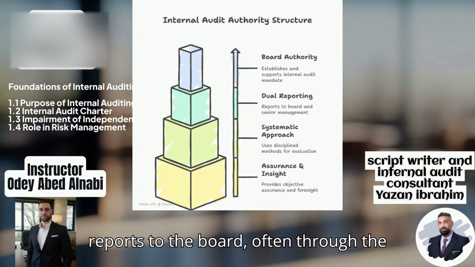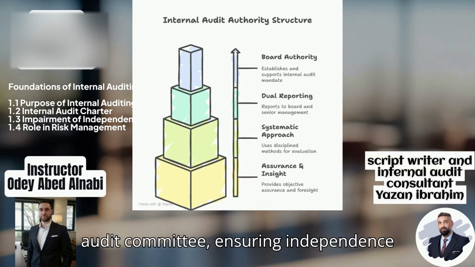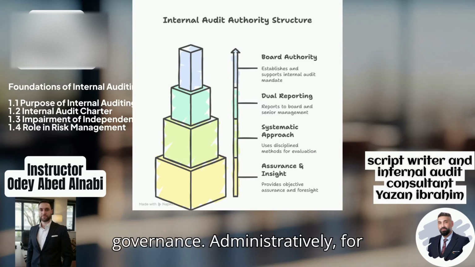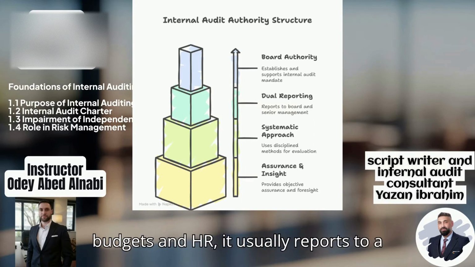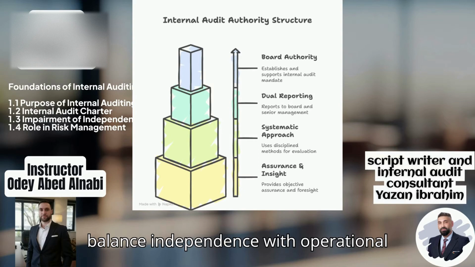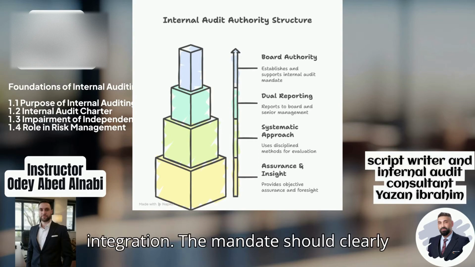Functionally, it reports to the board, often through the audit committee, ensuring independence and direct access to the highest level of governance. Administratively, for day-to-day operational matters like budgets and HR, it usually reports to a senior executive, like the CEO or CFO. This structure helps balance independence with operational integration.